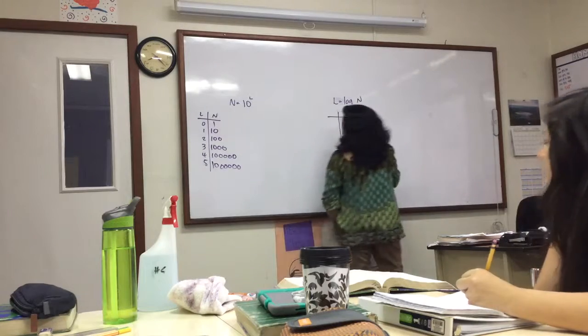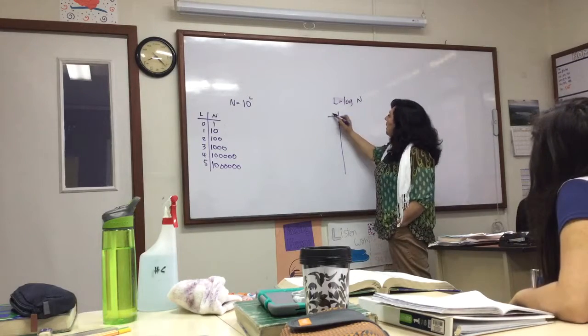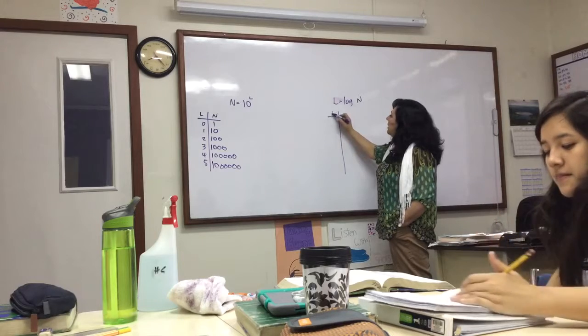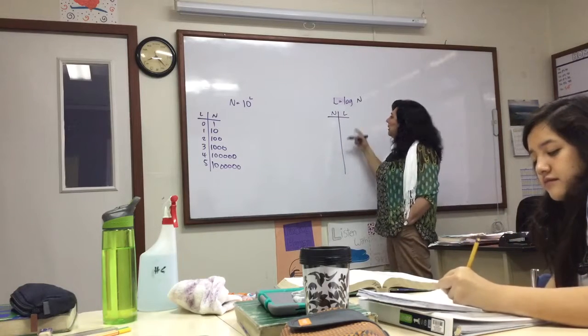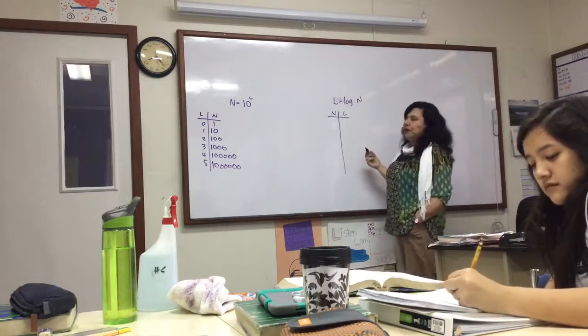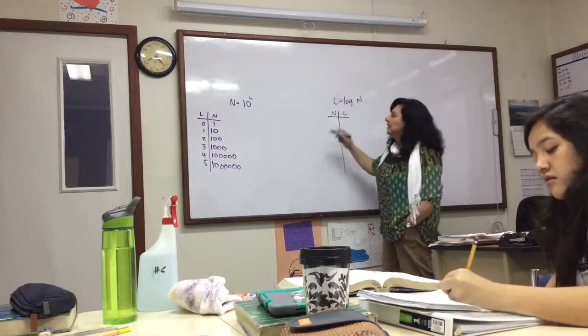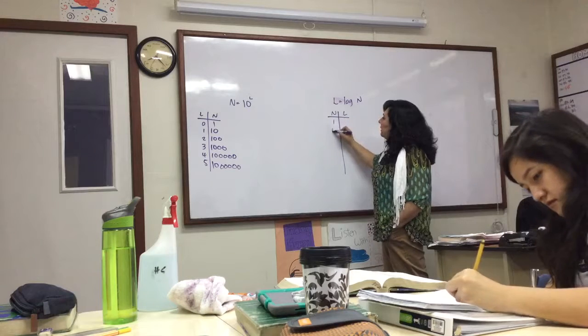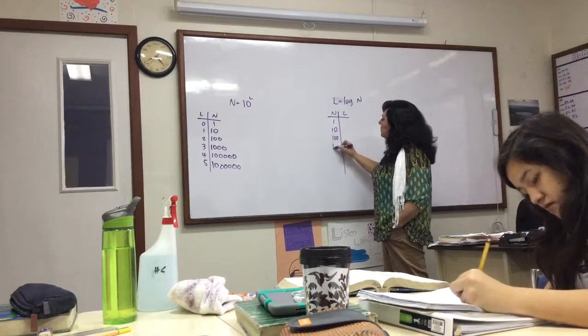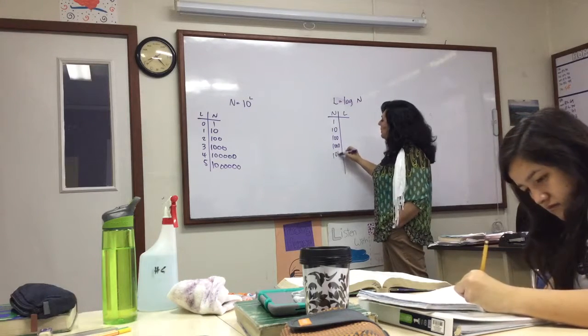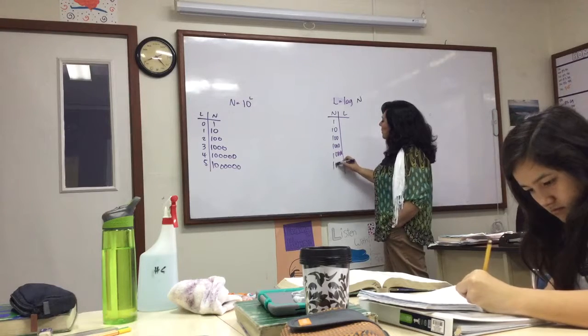Now, this one, we've got n here, L. Logarithm, let's try the n. I'm going to take 1, 10, 100, 1,000, 10,000, 100,000 and a million.